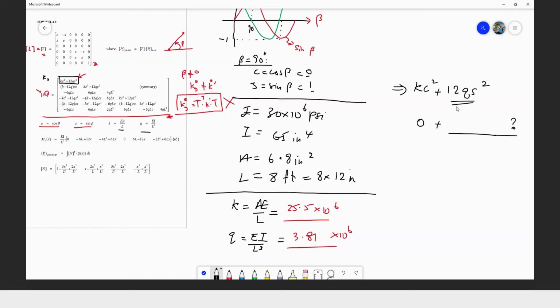Doktor, yang nilai K tu patutnya 2.125 sebab yang 25.5 tu kalau bahagi dengan 8 feet. Tapi yang feet tu kan tukar inci kan? 8 kali 12. Betul, kena tukar semua dalam ni. Jadi berapa kat sini? 2.125. So minta kawan-kawan lain check sekali lah.